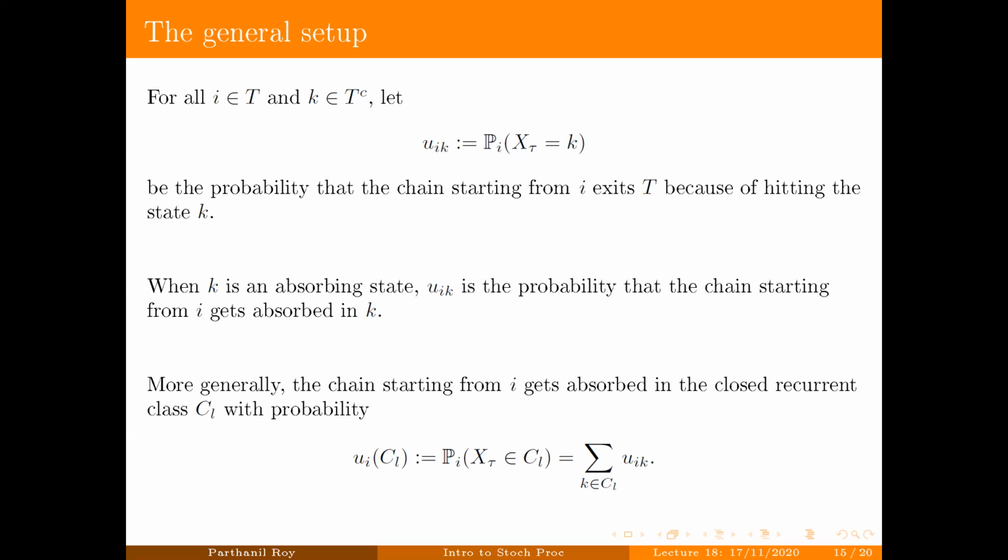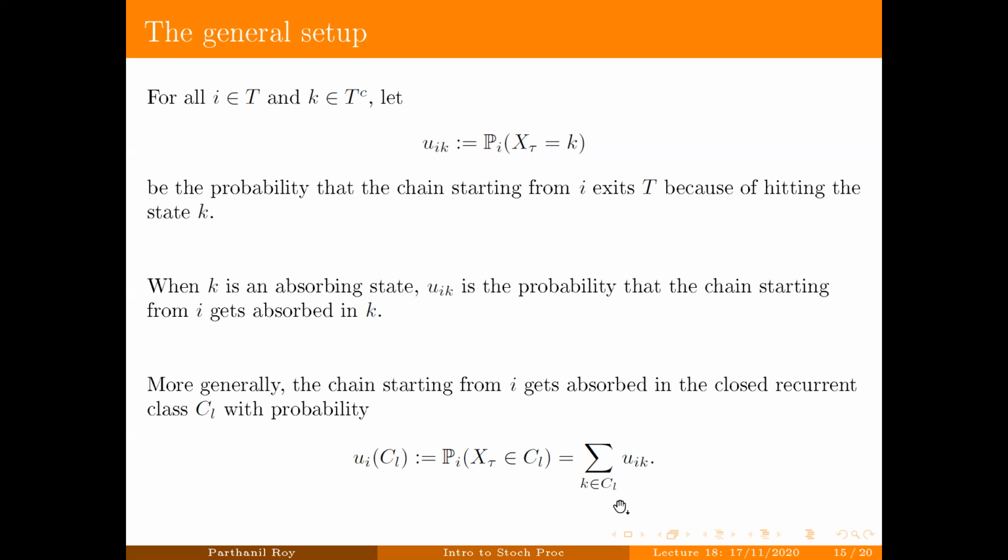So the u_iKs, when K is an absorbing state, give you an absorption probability, the Markov chain getting absorbed in the state K. On the other hand, even if K is not an absorbing state, it has information about getting absorbed in a particular closed recurrent class.